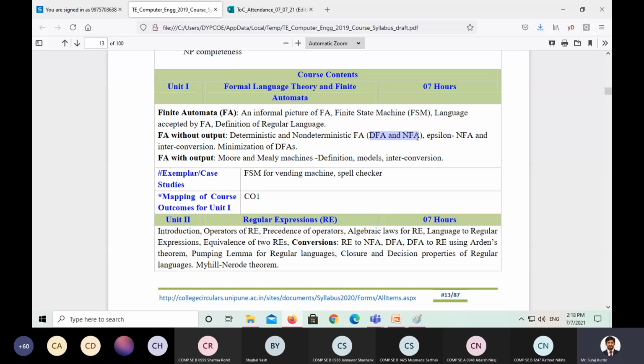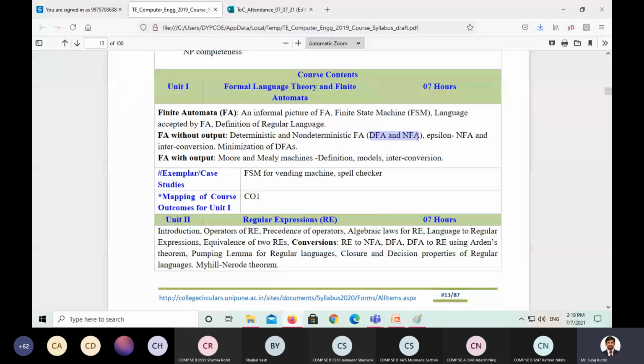So deterministic and non-deterministic finite automata. One more version is epsilon NFA. Epsilon NFA is another extension of NFA, and it will have null input. It accepts null input. That is why it is epsilon NFA. Then we have to see interconversion, NFA to DFA, or epsilon NFA to NFA and then DFA, or it may be epsilon NFA to DFA, direct conversion.